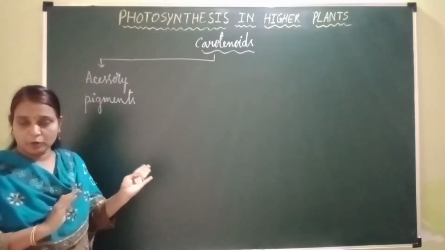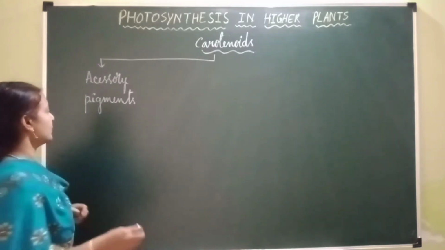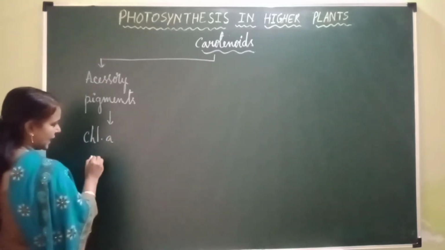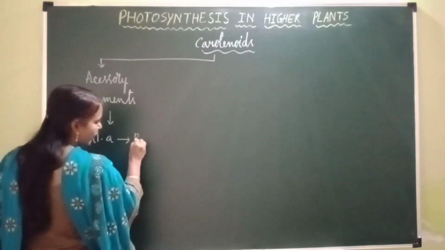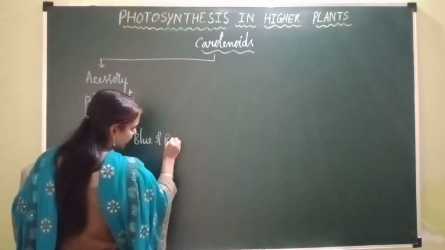So how are they helping chlorophyll A? They help by broadening the absorption spectrum of chlorophyll A. Chlorophyll A absorbs sunlight of the blue and red regions.